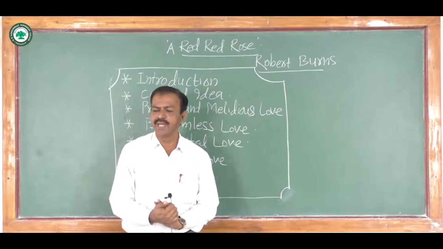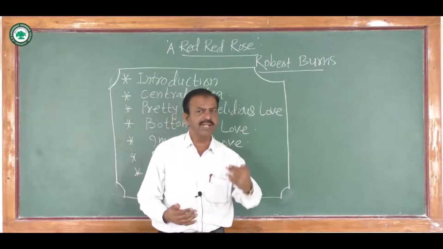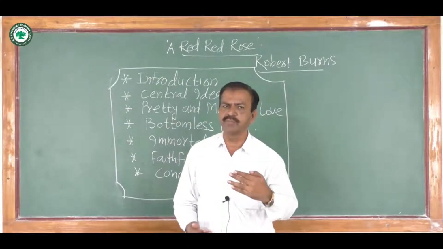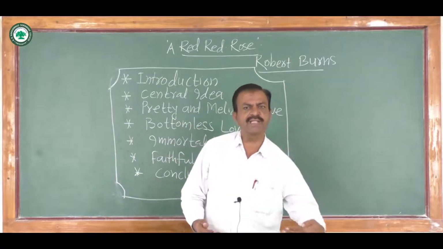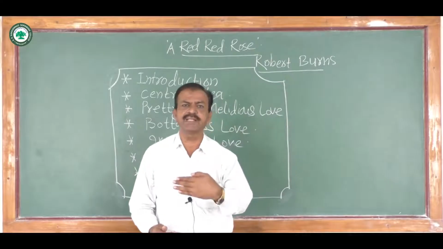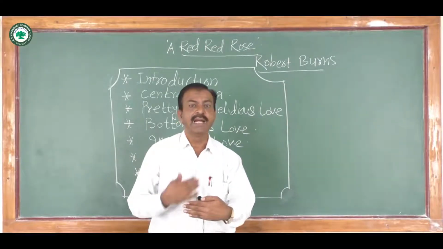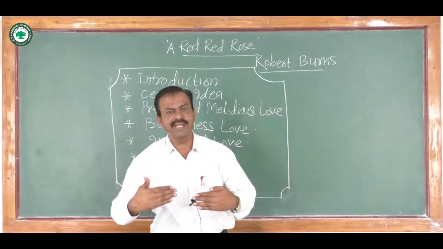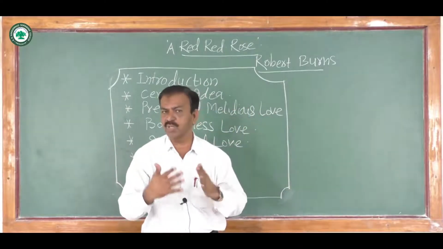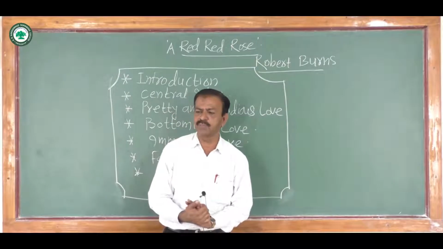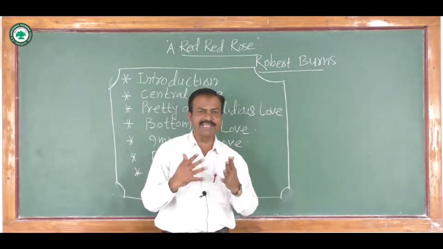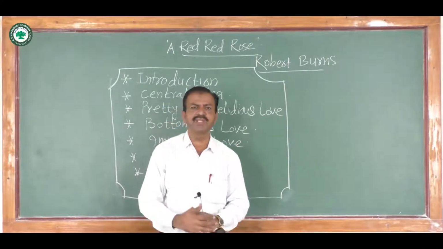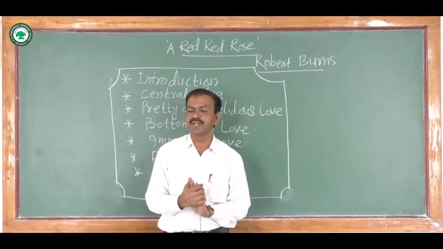So the immortal love is described in the third stanza of the poem. The first line of the third stanza is the repetition of the last line of the second stanza. So this is also one of the features of this poem, and in this stanza the poet uses natural images to describe his love.